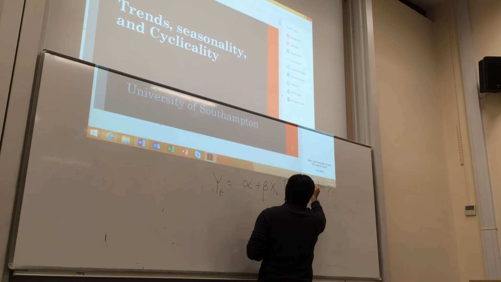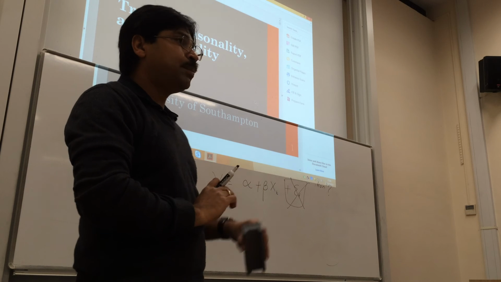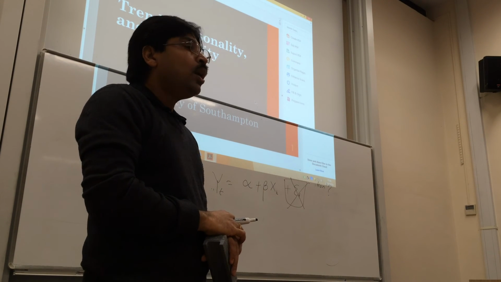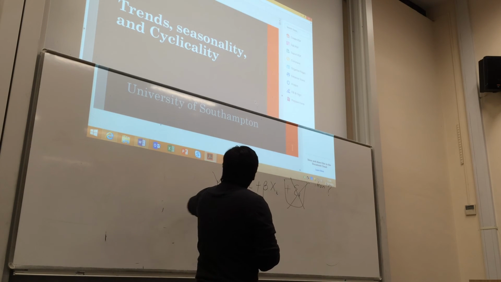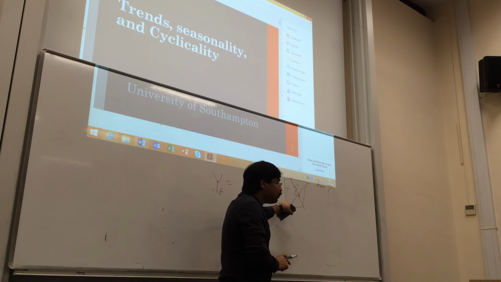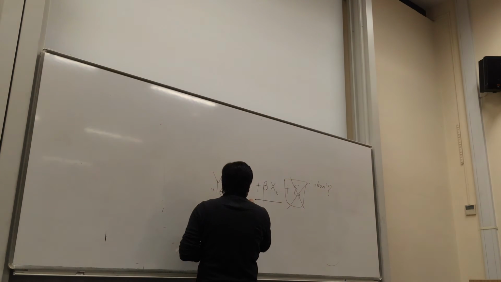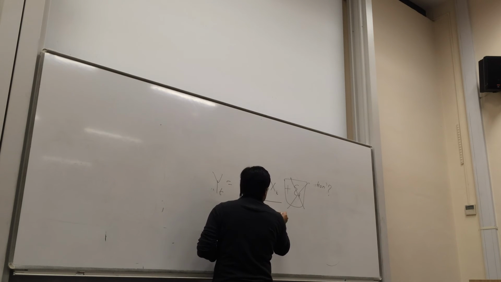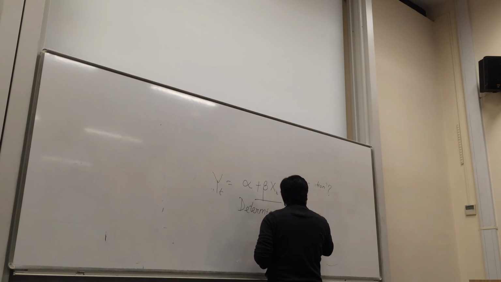Let me disregard this for the moment. Do you think this is a correct expression? Yes? No. Because if I want to explain y, x explains y, so there must be some uncertain term. So this is what we call the deterministic term, right? Deterministic. And this part is stochastic.